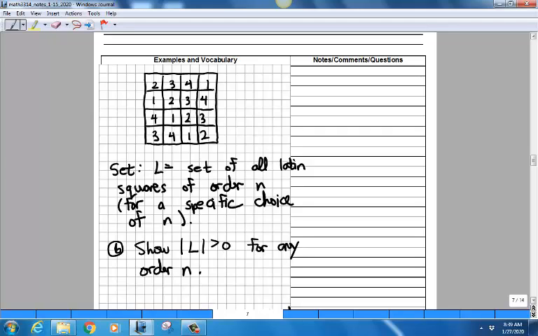Initially we're not going to talk about counting the number of Latin squares, but just show that this set of Latin squares is non-empty for any particular order. We've already shown that's true for order 4, because here's an example of a Latin square. But can we come up with some general scheme for creating Latin squares of just any order?